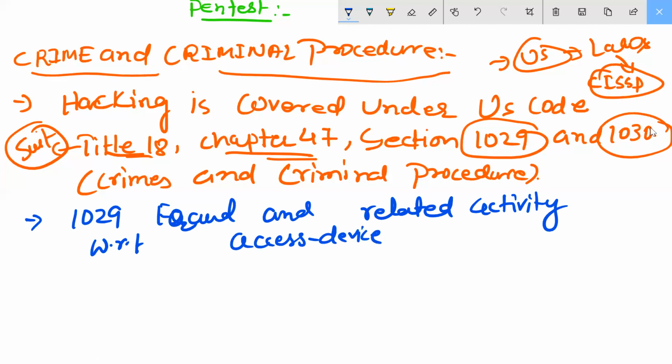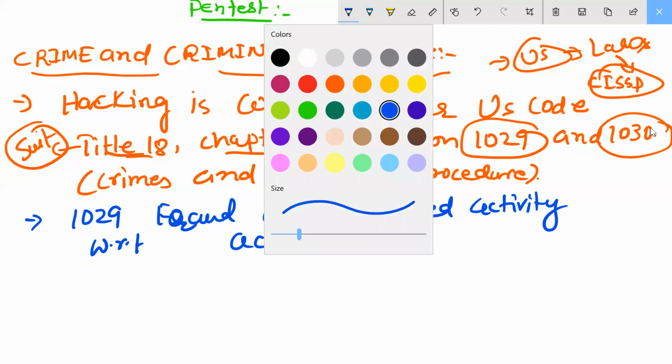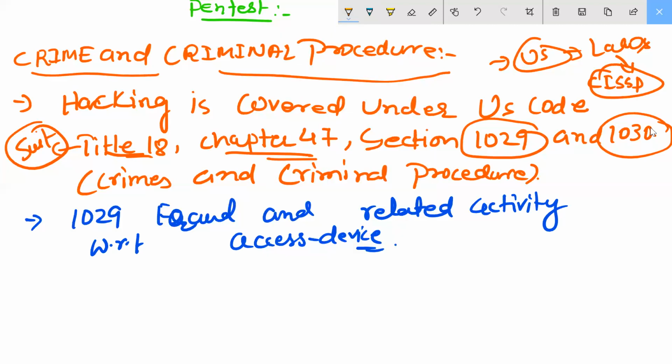Understood? So my question is to you, Vijay. What are you understanding about this access device? One word has come here, access device. What is the meaning of that? Access device means, sir, the devices from which we can interact with the servers.